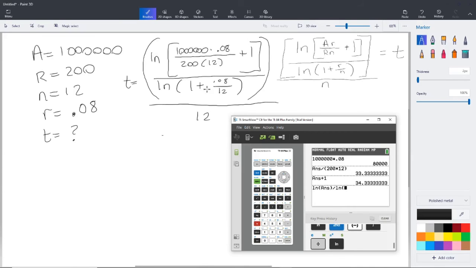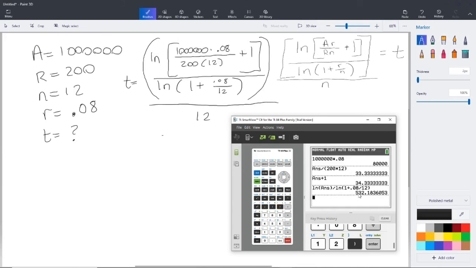So we can actually just type in this entire parenthesis here. So we've got the parenthesis started, and it says 1 plus 0.08 divided by 12. Now, thankfully, our calculator has been programmed with the order of operations. In other words, it will do 0.08 divided by 12 and then add it to 1, so we don't have to worry about that. But let's go ahead and hit enter now, because now our numerator of this giant fraction is known.